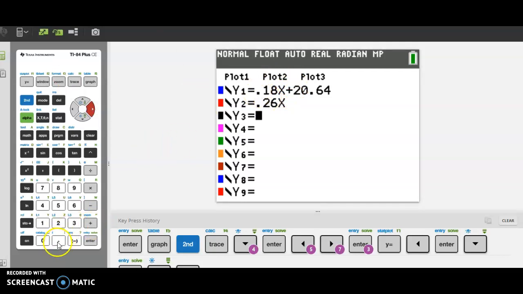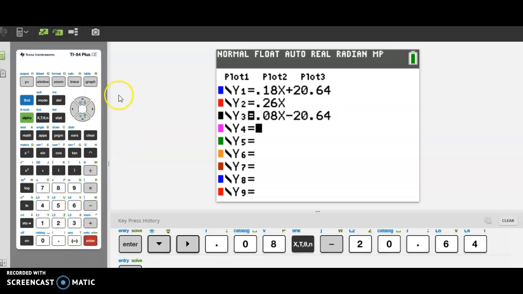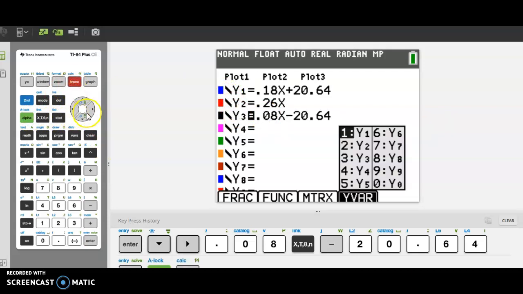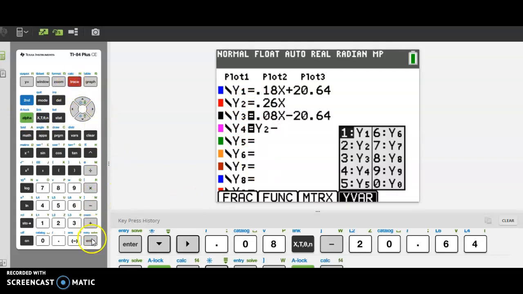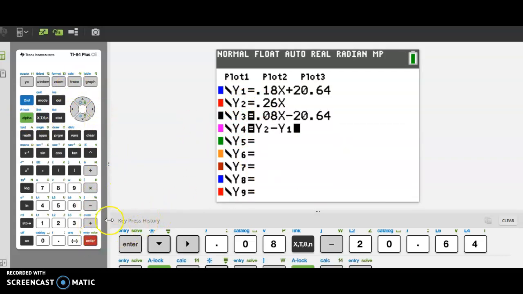And then let's see if we have the right equation, 0.08x minus 20.64. Or another tool that you can do is you can actually hit alpha trace, and you can grab the revenue equation, which we define as Y2, minus alpha trace, grab Y1, the cost equation.